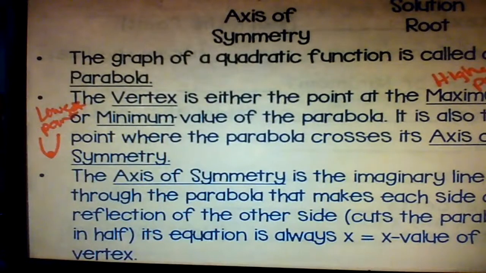At this point, we have something that we call the axis of symmetry. What does it mean to be symmetric? Same. This means that if I cut my graph in half at this point, the left side of my graph and the right side of my graph are mirror images of each other. They're exactly the same. So what happens on the right side also happens on the left.